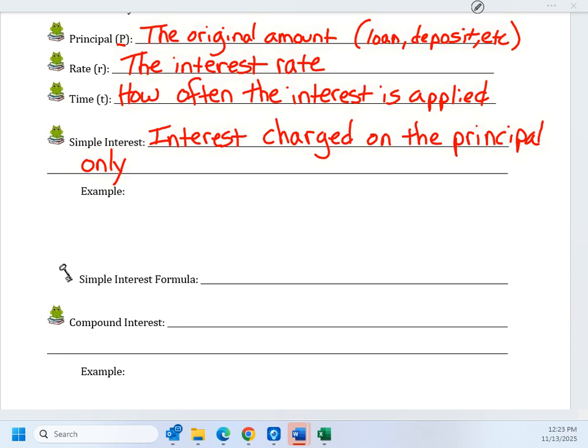An example would be a $100 loan at 10% simple interest annually.